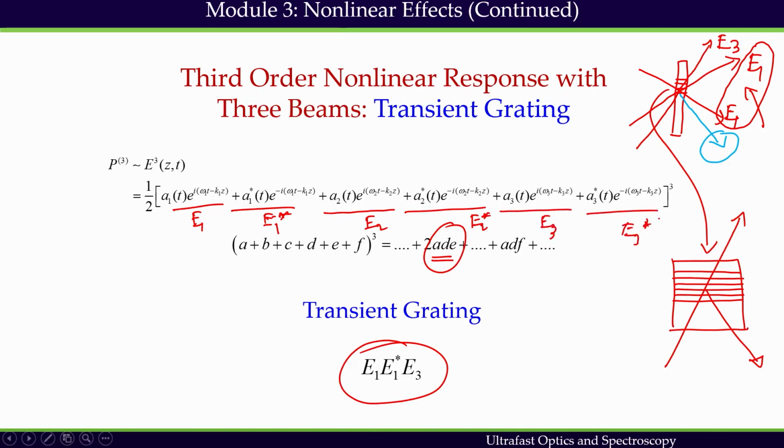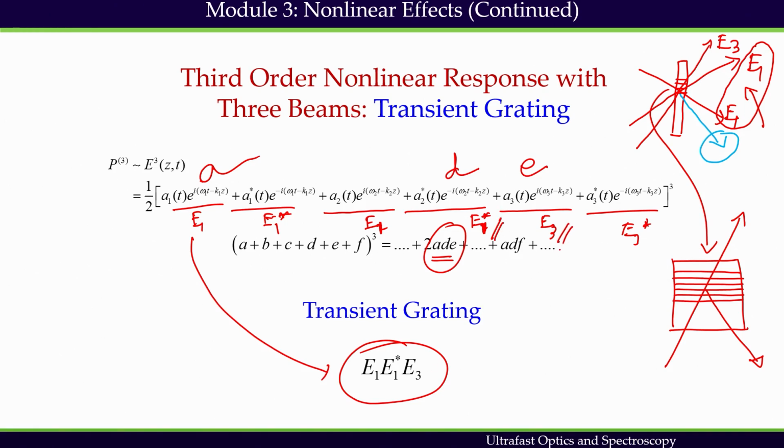Basically we are saying that these two are identical, so we have made it E1. There is no E2 here. This is A, then B, C, this is D, and this is the E term. So the ADE term here is E1, then E1 star, and then this E3 term.